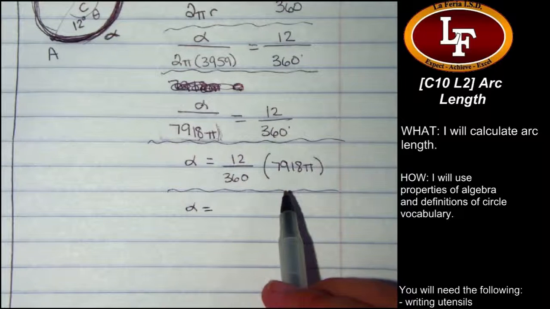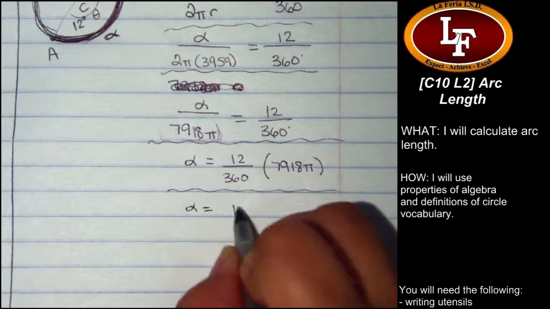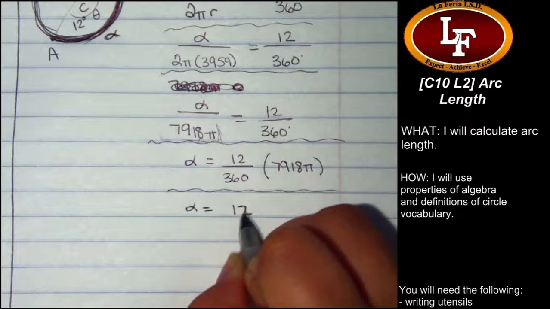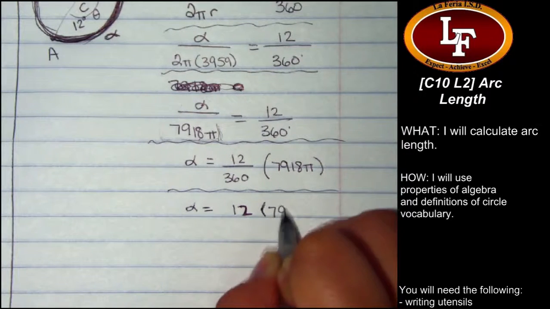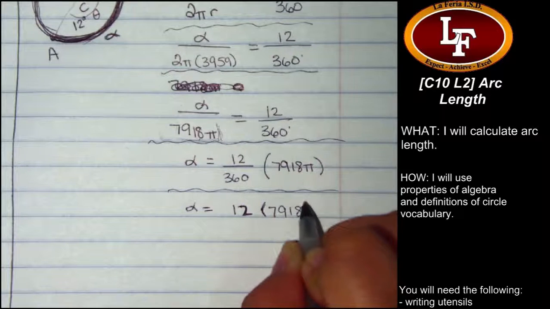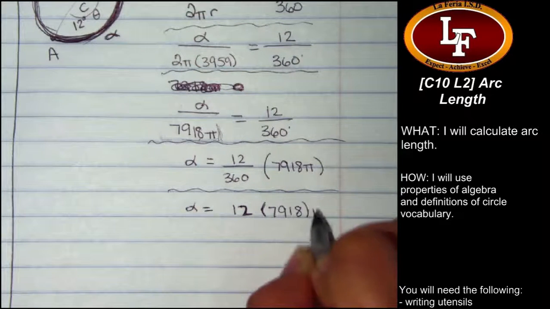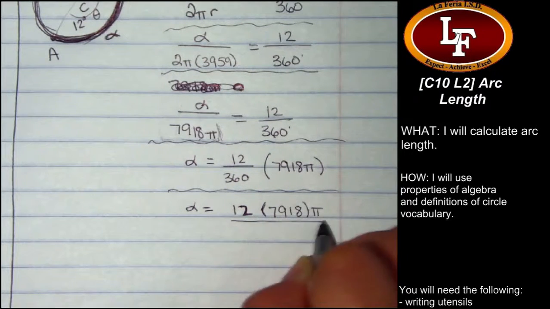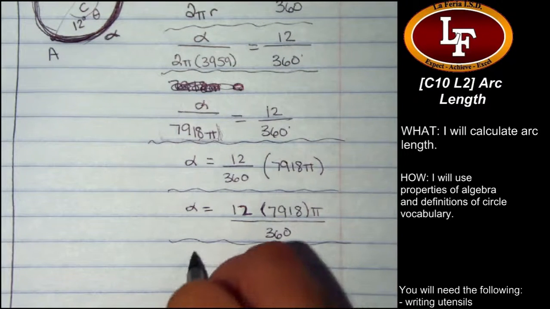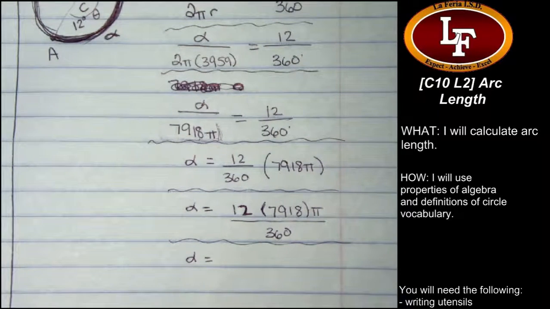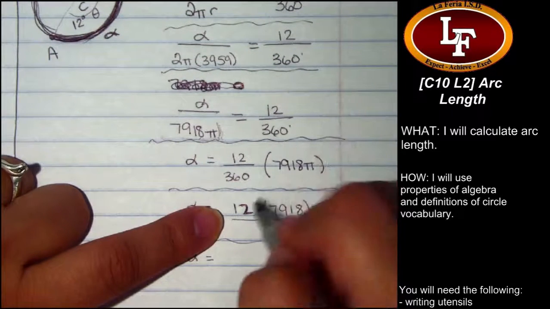Since I want to try to keep it in the exact values for now, I'm going to bring this up into the numerator. So 12 times 7,900. I may have to do some reducing here to keep it exact. Let me go ahead and reduce now, I guess.